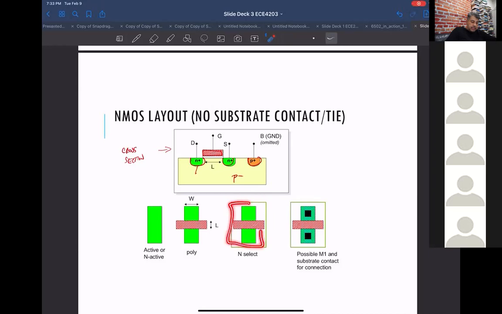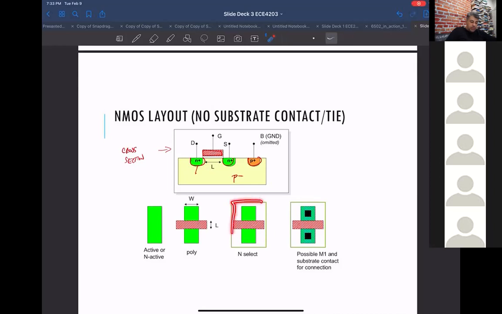N select tells the foundry they're going to implant this area with N type material, either phosphorus or arsenic, which are typical N dopants. But the poly acts as a mask, so you only get the N into the silicon in the source and drain. That's how you end up with the source and this drain.